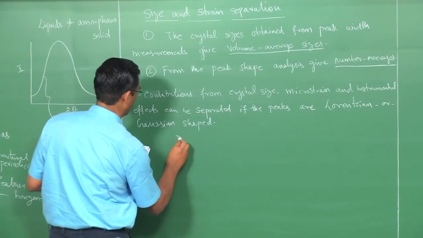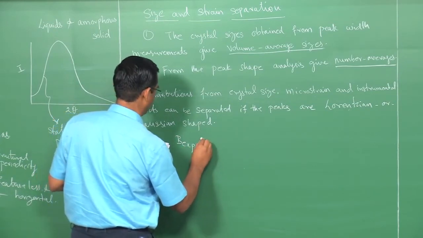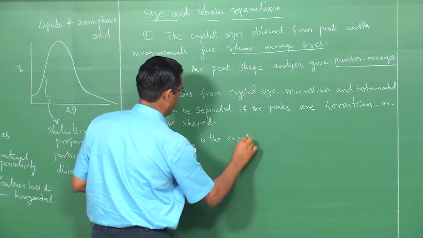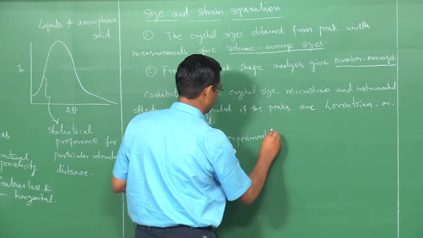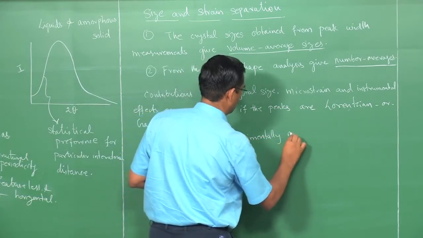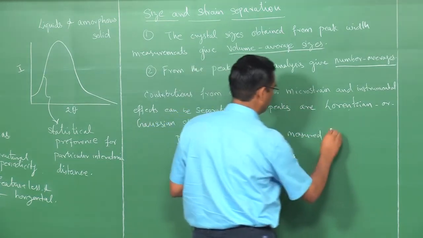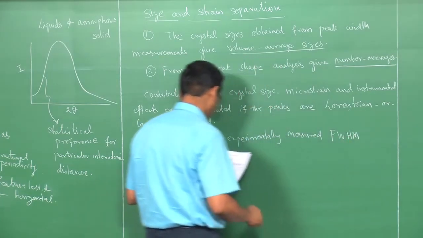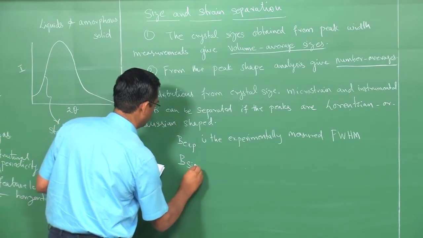Suppose B experiment is the experimentally measured full width at half maximum.